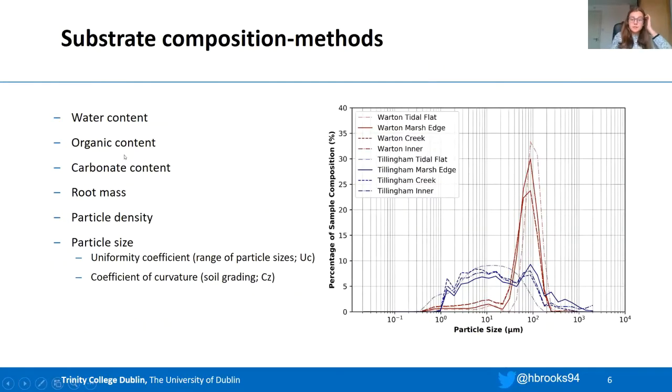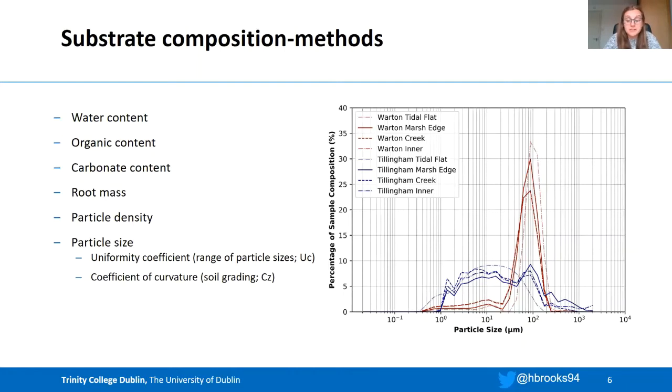In terms of the methods for understanding the substrate composition, this was based on the bulk samples which were taken to the lab, and we used loss on ignition based on the British Standards protocol. This was used to measure the water content, the organic content and the carbonate content of the substrate. We also measured the root mass as a percentage of the dry mass, and this was done by wet sieving the sample at 425 microns and drying it overnight, or for many nights in most cases.